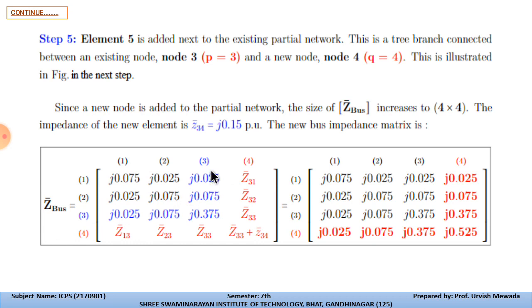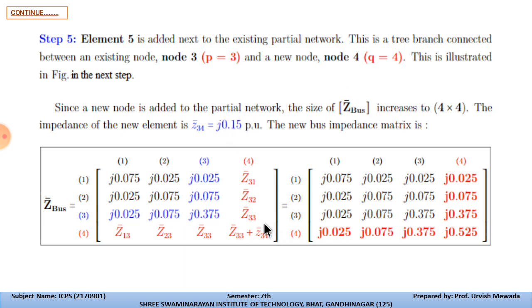So for this fourth one, this will become Z31, because we have considered the 3 by 3 matrix in the previous case. That's why this will become 3 1, then this will become 3 2, and this will become 3 3. Similarly for Z33, Z23, Z13, the formula for this diagonal element is Z33 plus Z34, means 3 to 4. So it is already given Z34, it is 0.15.